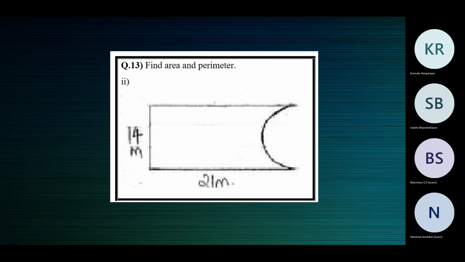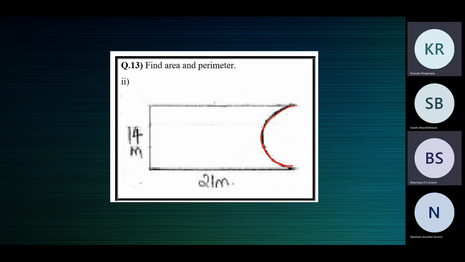What is the formula? It is pi r. Very good. Because this length is pi r. So 21 plus 14 plus 21 plus pi r will be the perimeter of this figure.